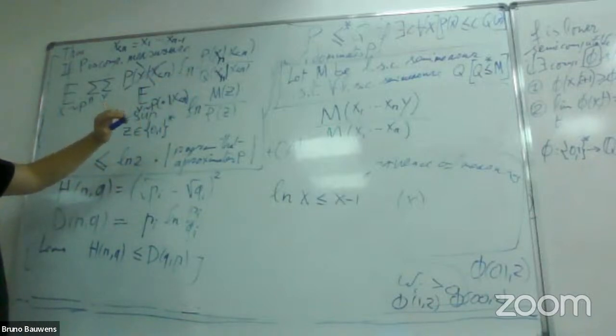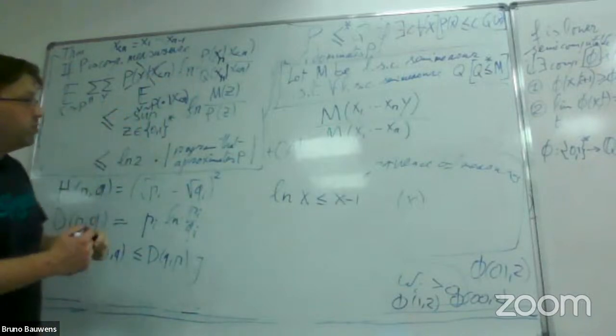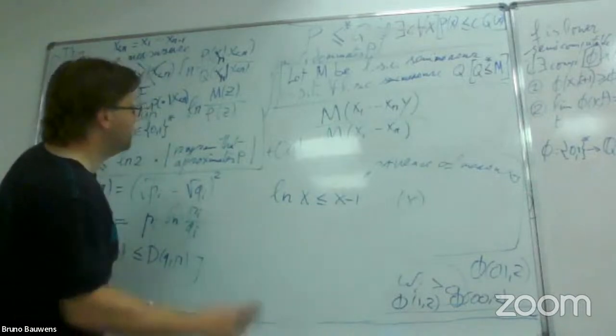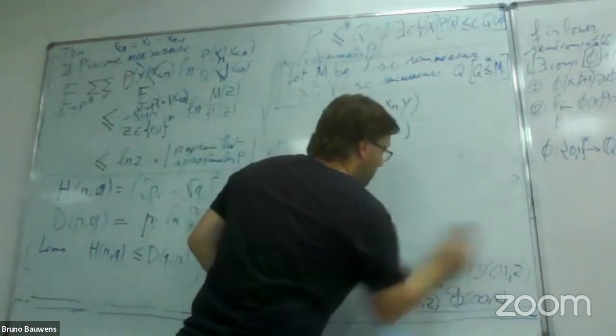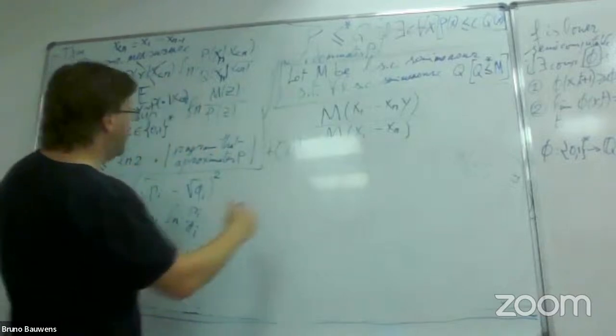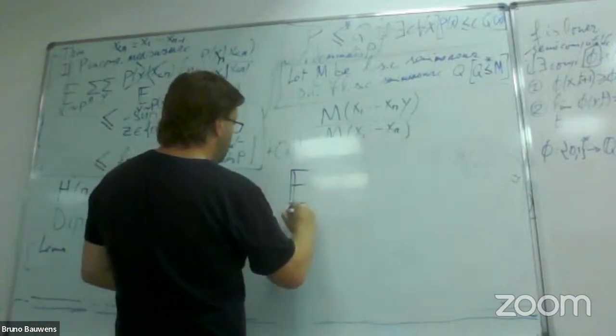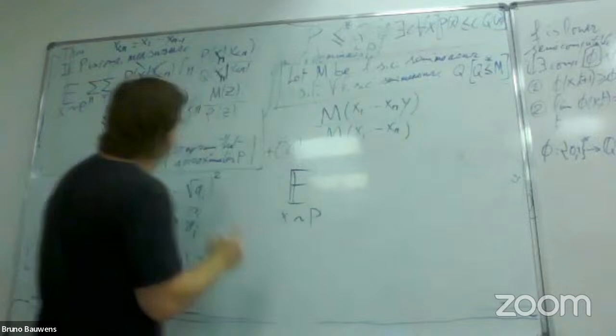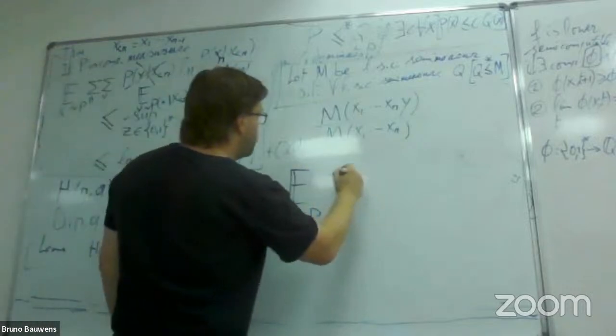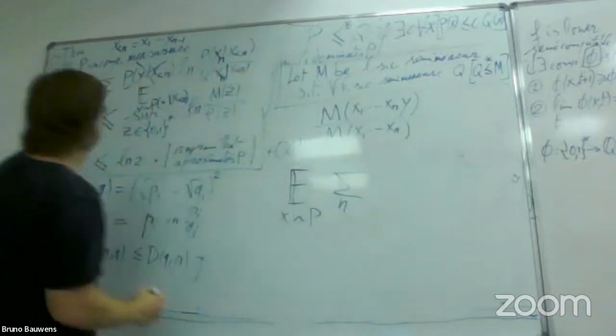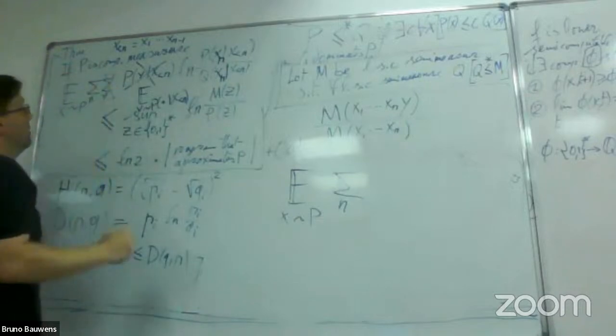Okay. So now let me write what we have in the left-hand side. So we have expectation over x from P. And here we have a sum over n. So we get rid of the y.